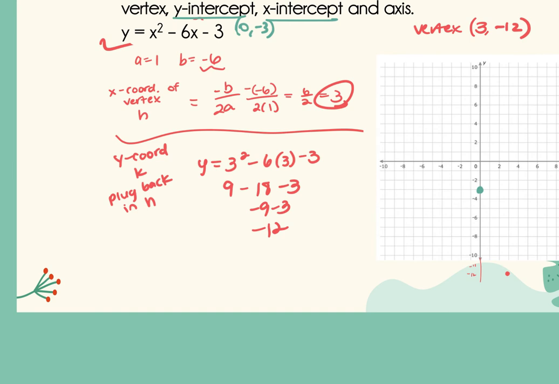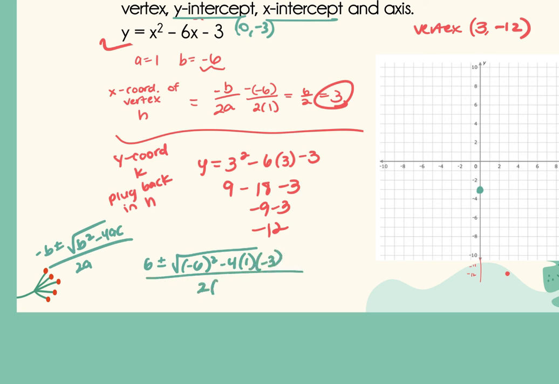So a review of quadratic formula, negative b plus and minus the square root of b squared minus 4ac all over 2a. So negative 6, which means 6 plus and minus the square root of negative 6 squared minus 4 times a times c all over 2 times a.